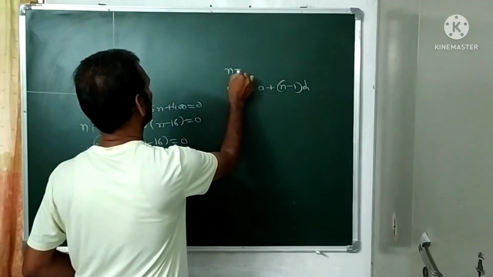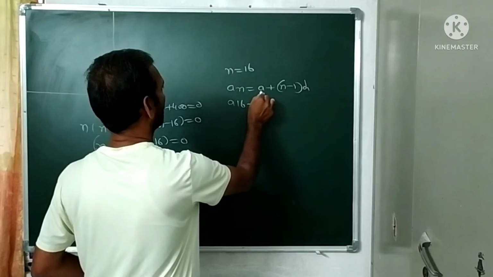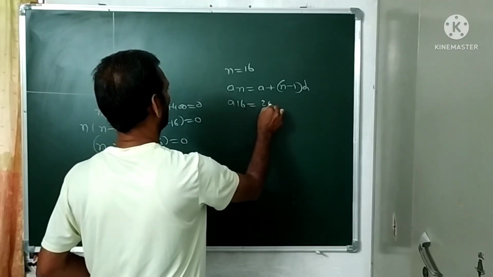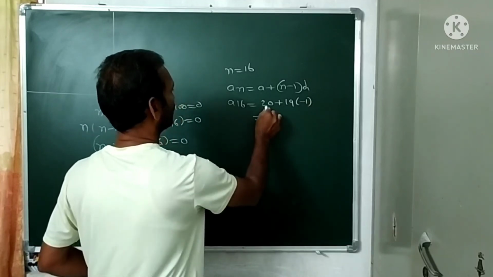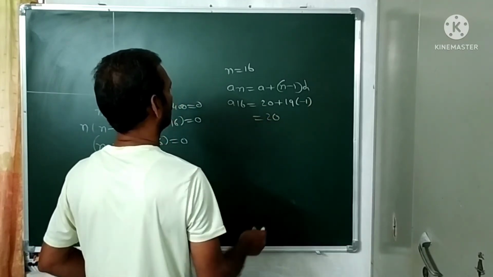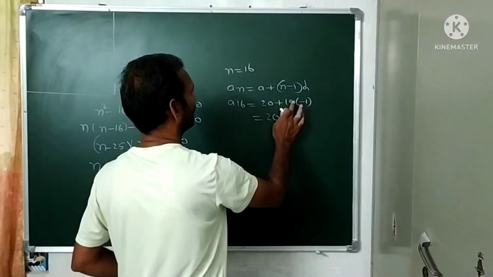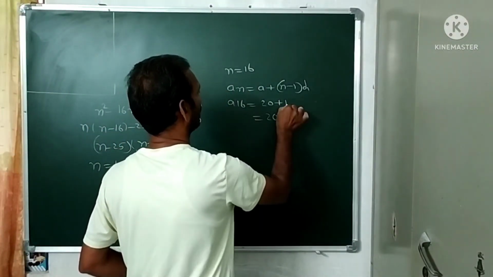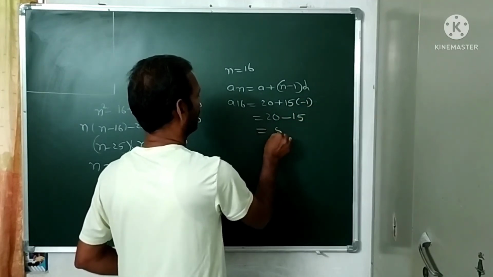If n is equal to 16, then a16 is equal to a value 20 plus 15 times d value minus 1. So 20, 15 times minus 1, minus 15, equals 5.